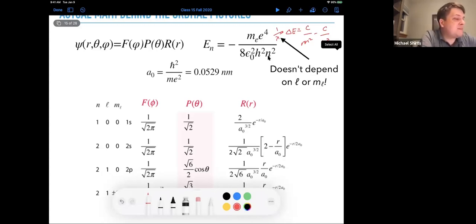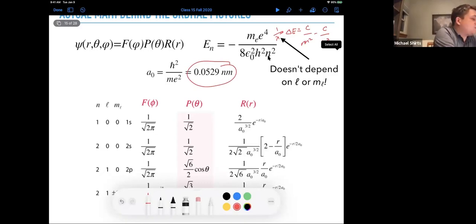So that ends up being a reference distance that sets a distance scale for the atom. Notice this number right here: that's the maximum in a 1s orbital of where you find the density. So that distance comes straight out of fundamental constants of nature.